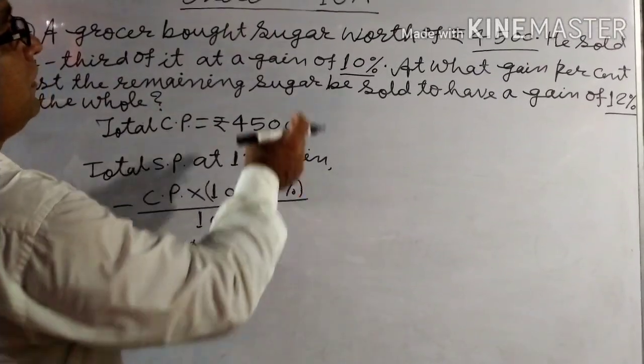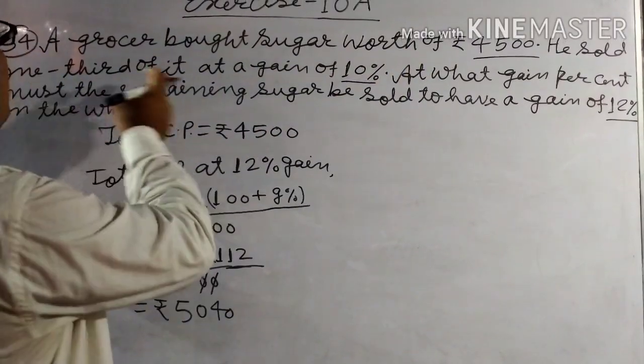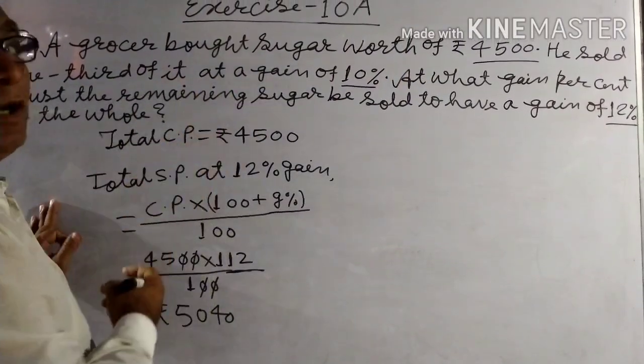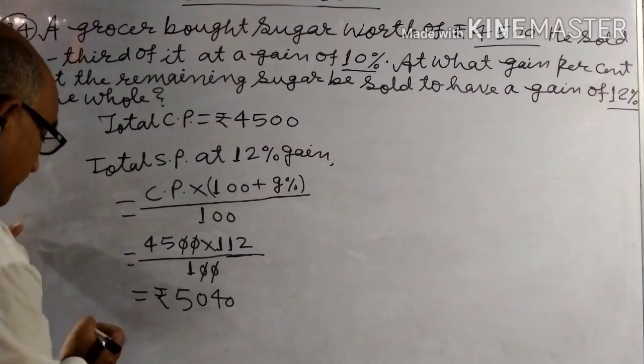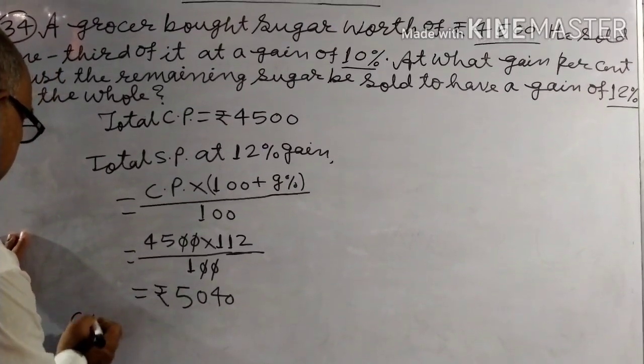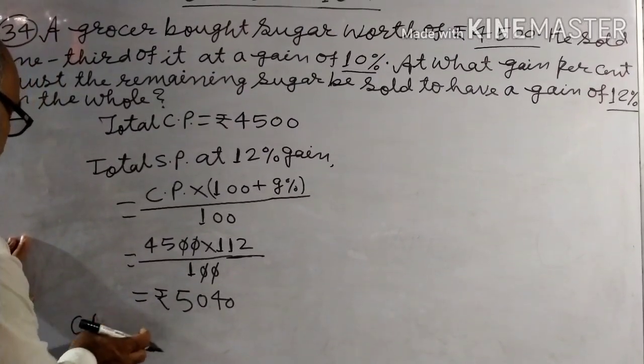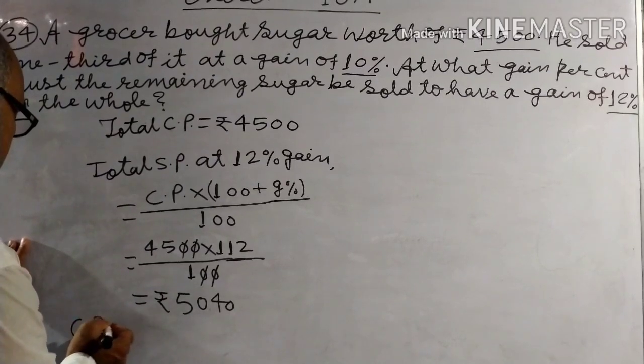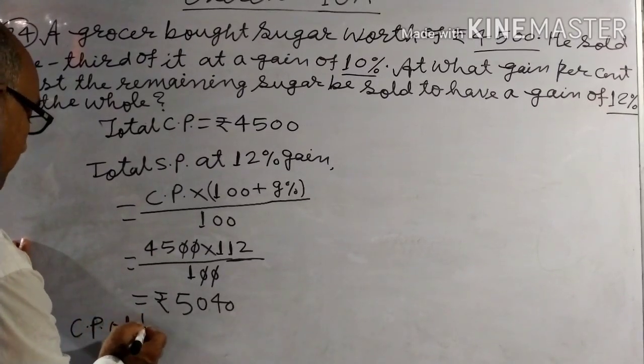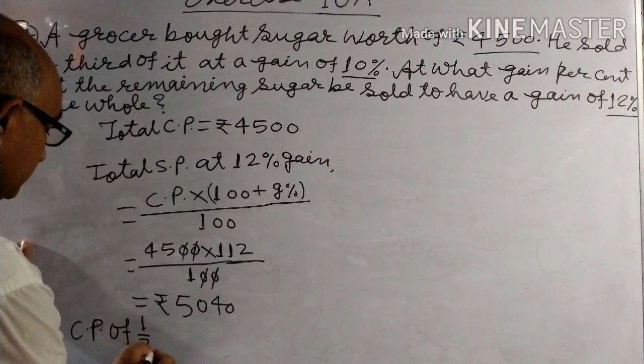Now he sold 1/3 of it at a gain of 10%. So find CP of 1/3.